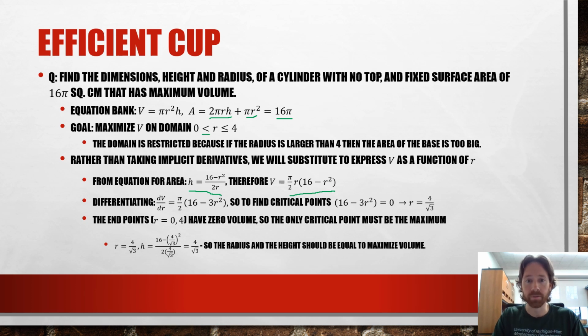We could do a second derivative test to double check, but in the context of the question, this is clear. And so we just plug that in to solve for h to find the dimensions of the cup. And in this case, both the radius and the height are equal, and that will give us the maximum volume.